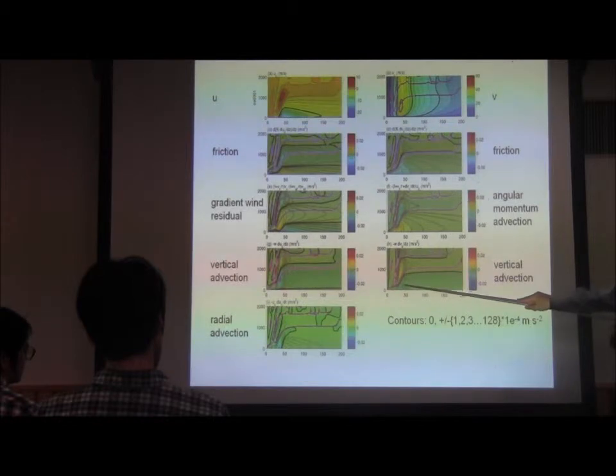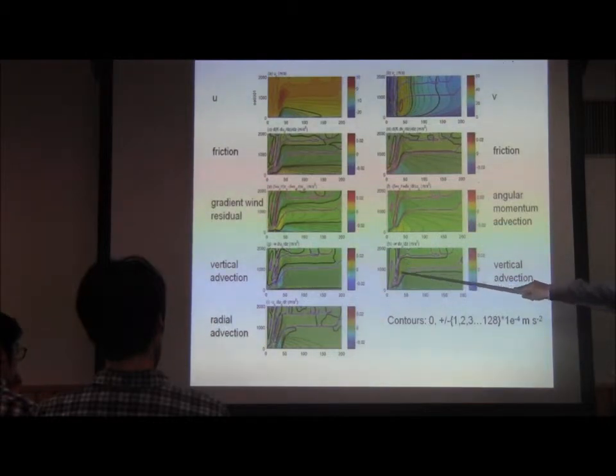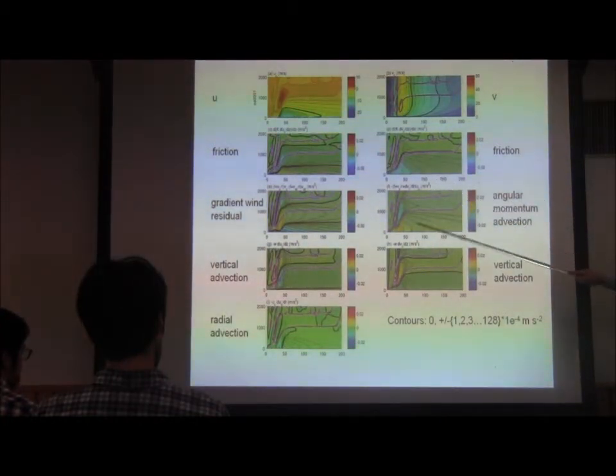And we have vertical advection, which is tending to carry weak azimuthal flow from the surface aloft and then strong azimuthal flow from the jet further aloft. That term is somewhat smaller than the others. Within the inflow layer, these two are fairly close to balancing. To first order, we have a balance between inwards advection of angular momentum and its destruction by friction.